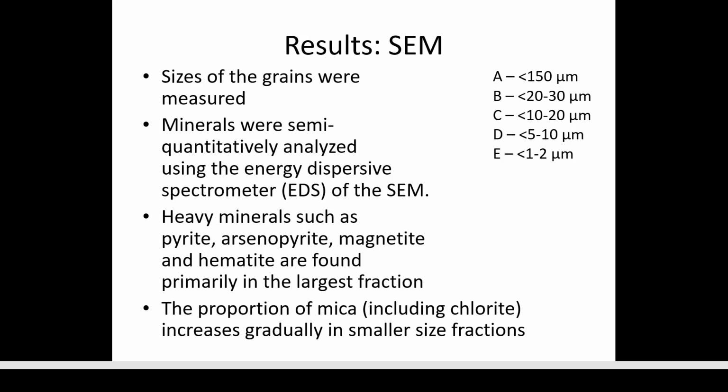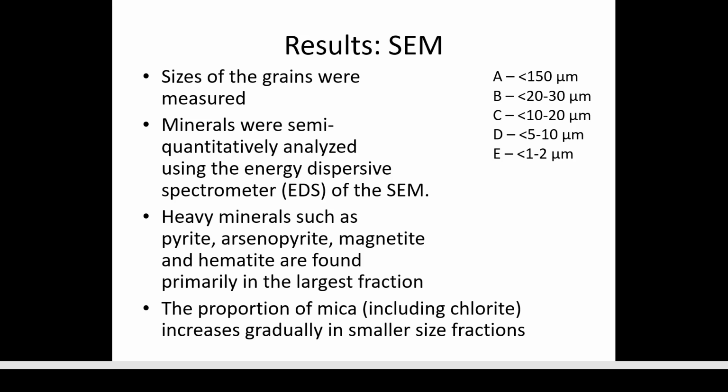Therefore, we had to mount our A, B, C, D, and E fractions to be able to understand what grain sizes they were. Also, we could use the EDS detector, which is the energy dispersive spectrometer, on the SEM to be able to semi-qualitatively analyze the different minerals in the grain mount.